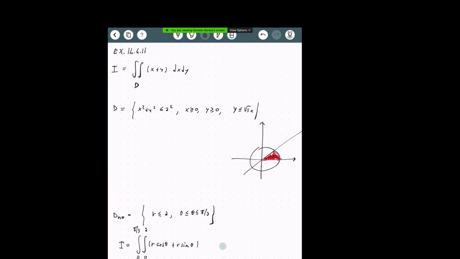That's why I'm telling you don't forget the Jacobian. The r dr dtheta. We can integrate in r directly, and we get a to the power of 3 divided by 3 times the integral between 0 and pi divided by 3 of cosine plus sine in theta.